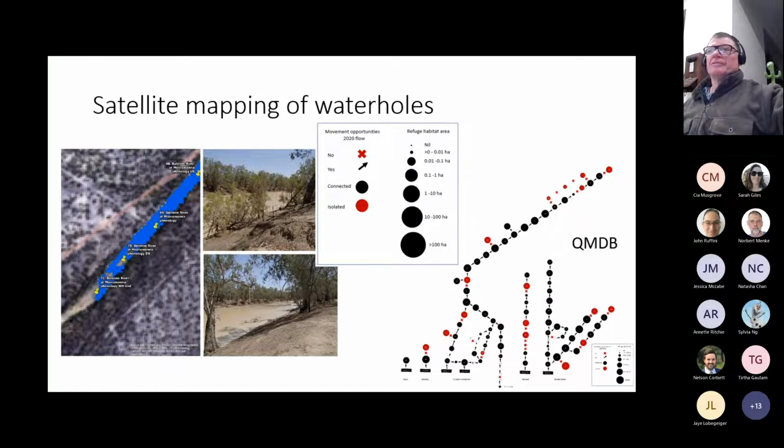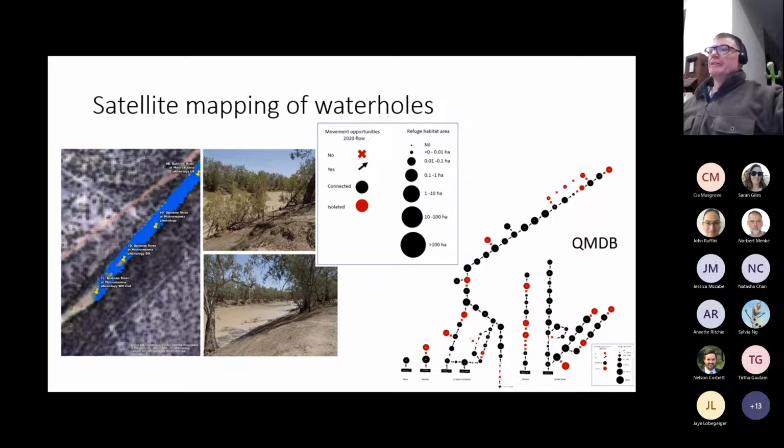We used observations taken during the drought, mainly by the regional biologists in Toowoomba, to calibrate the satellite image water thresholds and therefore identify where remnant water was in the landscape.